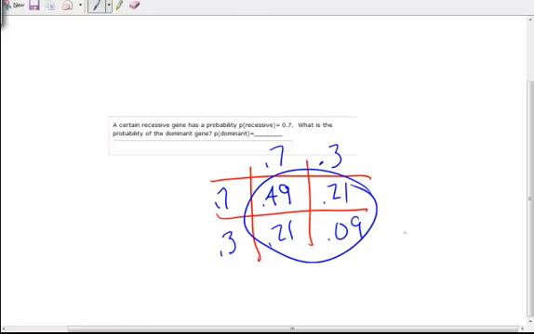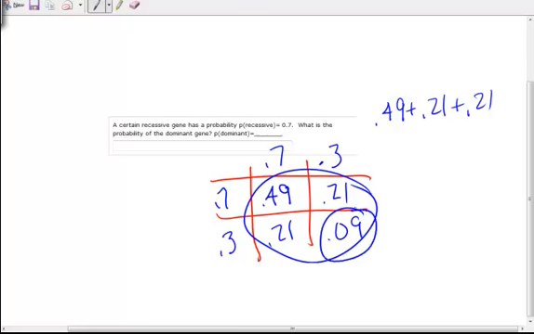These add up to 1, so the probability of the dominant gene being selected would be 0.49 plus 0.21 plus 0.21.